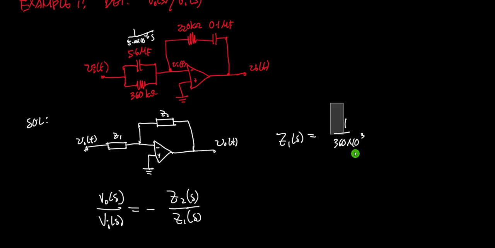Or we can just multiply them directly using the parallel combination of the two impedances.